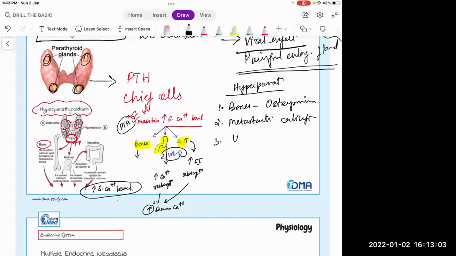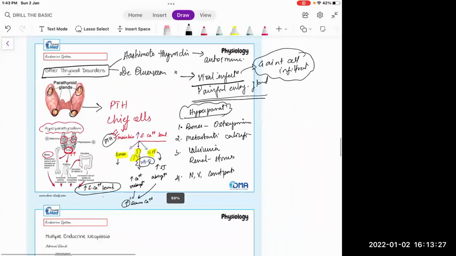Then in the kidney, you have calciuria and you will encounter calcium stones. Renal calculi will be seen. Altogether, small intestinal absorption, nausea, vomiting, constipation. So these are all the complications you will encounter in case of excess parathyroid hormone.